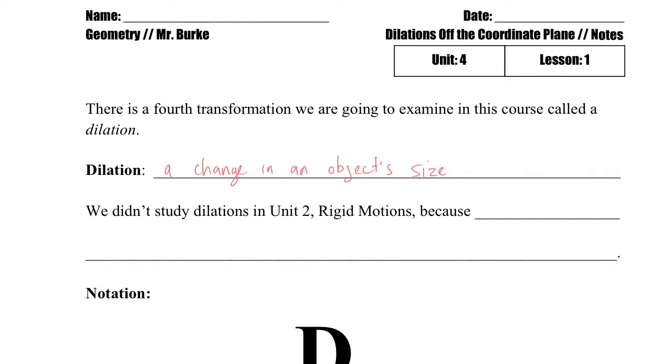Now, the reason we didn't study dilations in rigid motions is because, as you know, rigid motions preserve side length and angle measure. Well, if something's getting bigger, side length is no longer preserved.